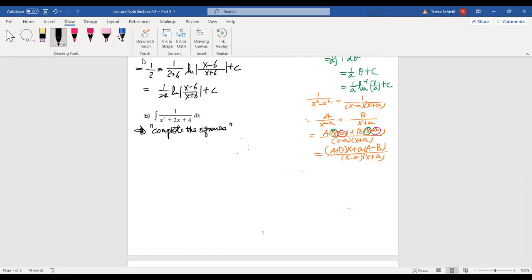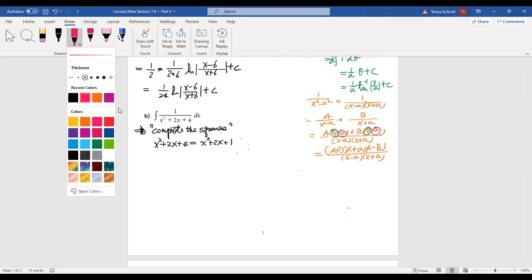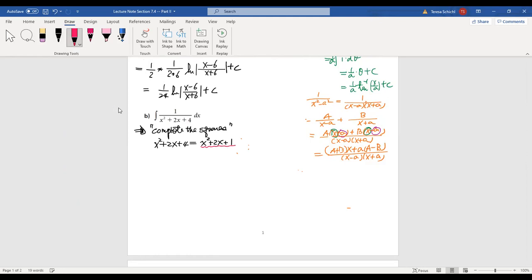Okay, so x squared plus 2x plus 4. If I complete the square, this is x squared plus 2x, half of 2 is 1, then squared is plus 1, right? So this is my complete square here, and then this is plus 1. So what I need to do here is plus 3, right?